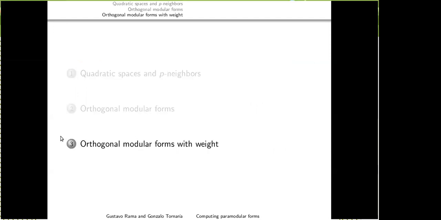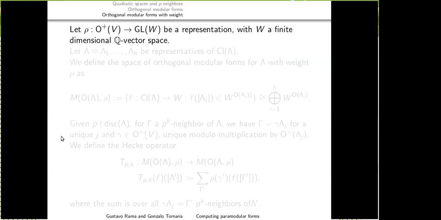So to overcome the missing forms, we introduce a weight to the orthogonal modular forms in this fashion. We take a representation rho from the proper automorphisms of B to GL of W, where W is a finite dimensional Q vector space.